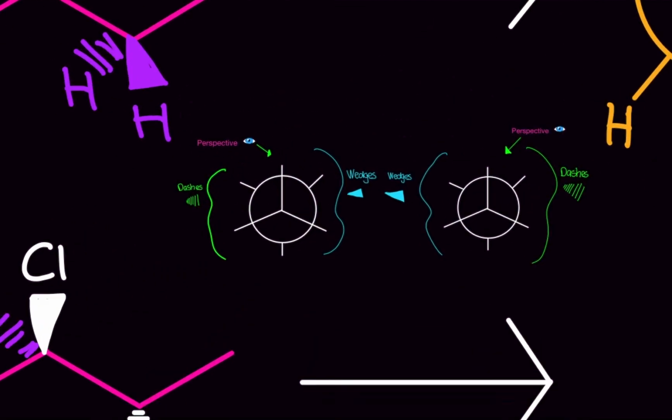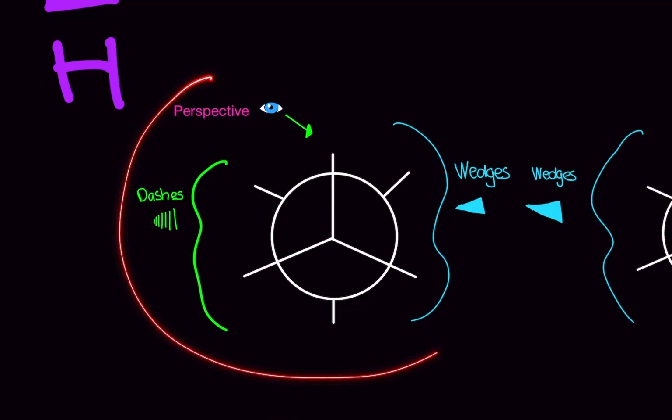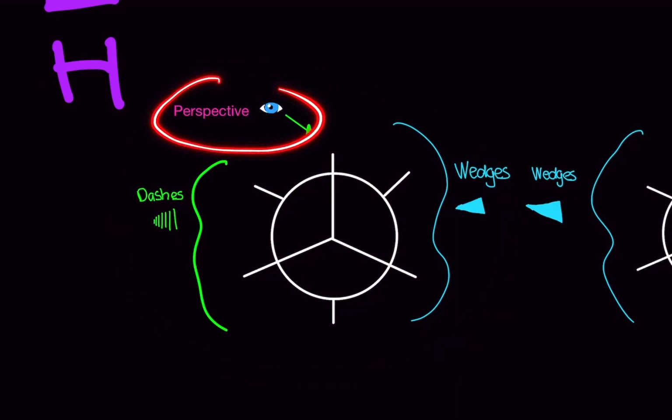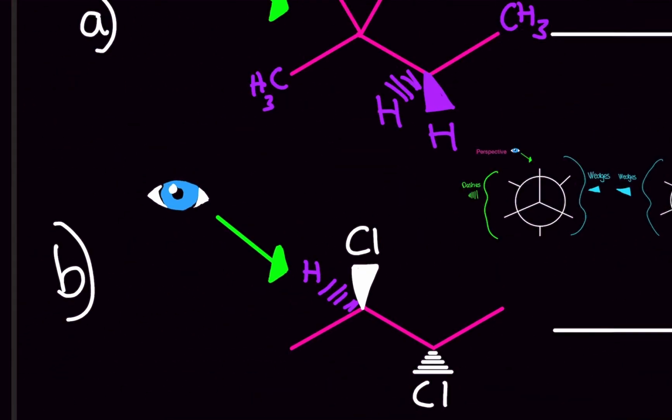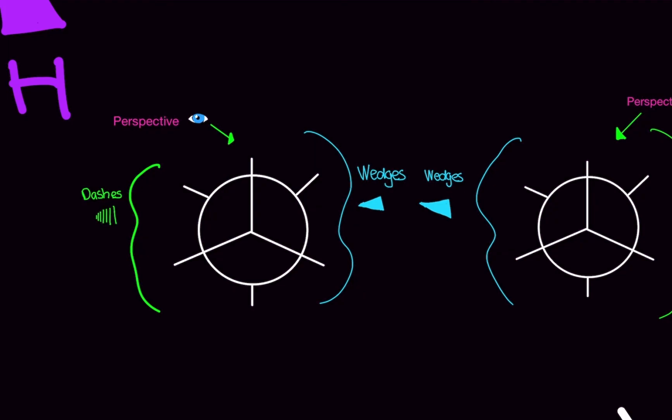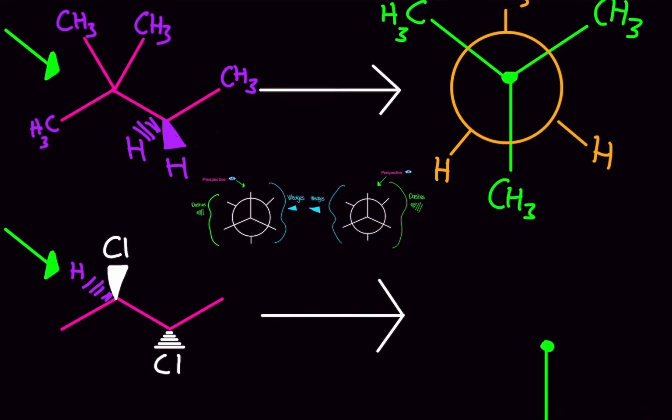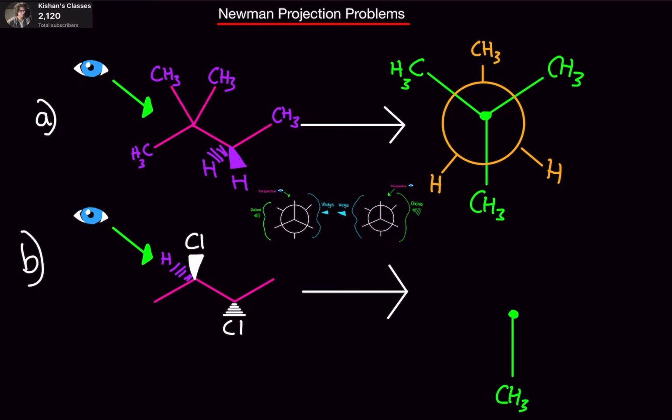So let's look at our little cheat diagram that I drew here. Since the perspective is going from left to right, the arrow is pointing to the right, right? The arrow right here is pointing to the right. Wedges will always be on the right-hand side of the molecule. Sweet. So, since we have the chlorine here, and it's on a wedge, right? This is a wedge. It must be on the right-hand side of the molecule.